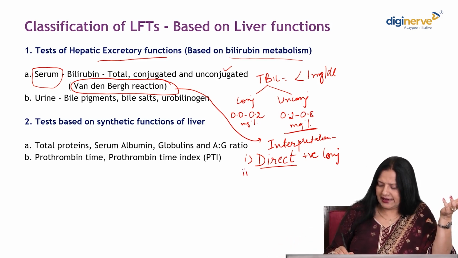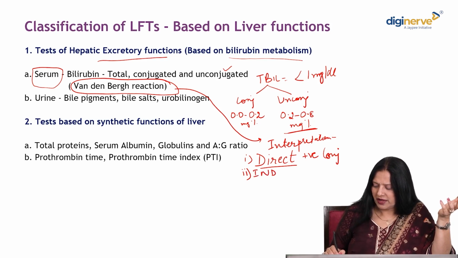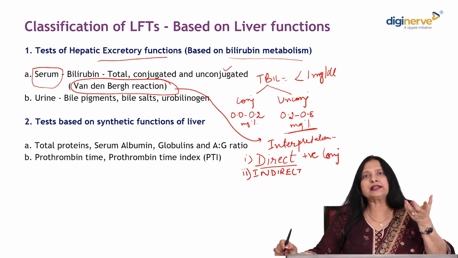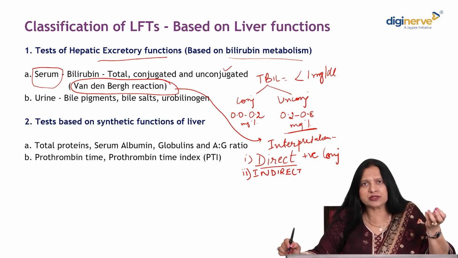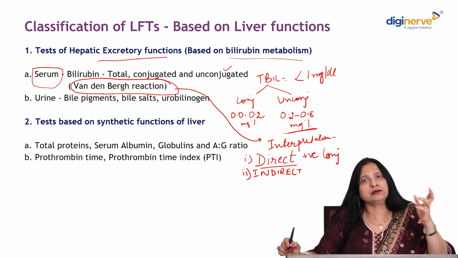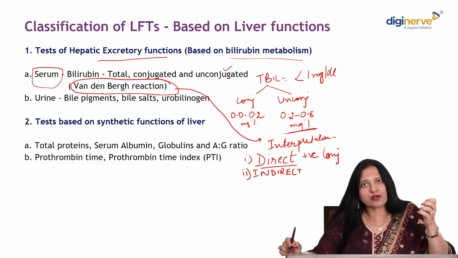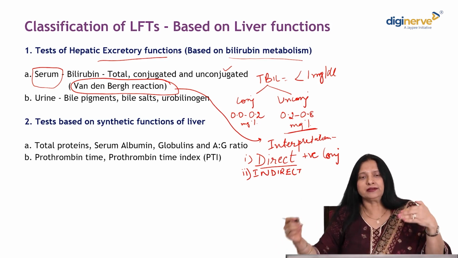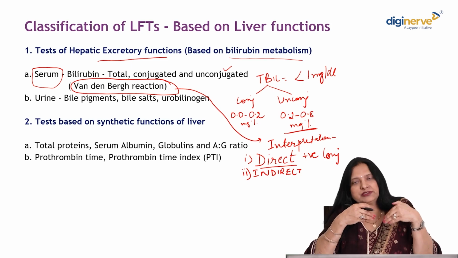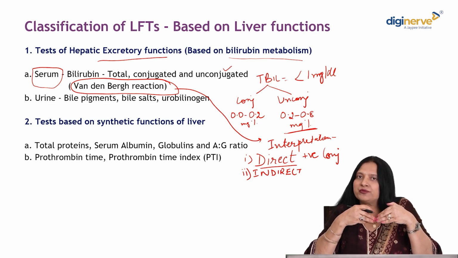Then second is indirect positive. What do we mean by this? In case the serum has large quantities of unconjugated bilirubin, which is water insoluble, it is not going to react with the reagent and will not give any color. However, when you use alcohols like methanol, which can dissolve this unconjugated fraction, the bilirubin is able to react with the sulfanilic reagent and forms azobilirubin.